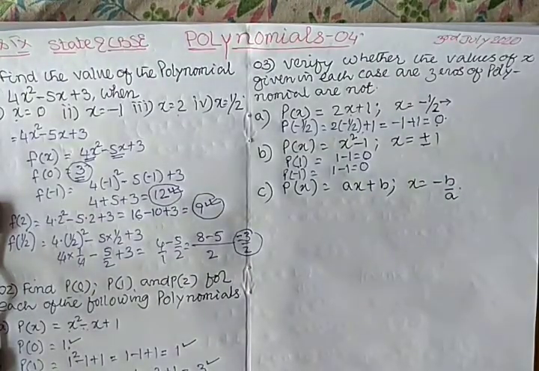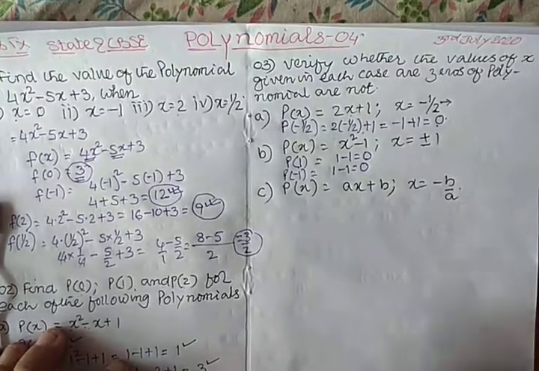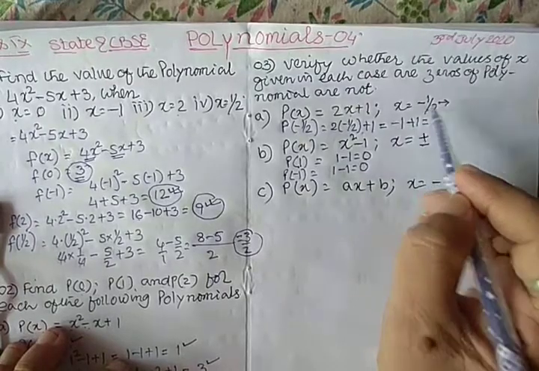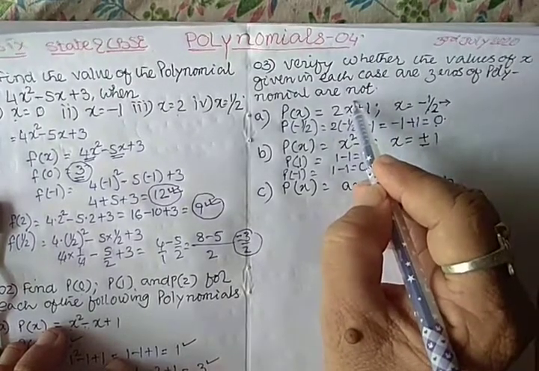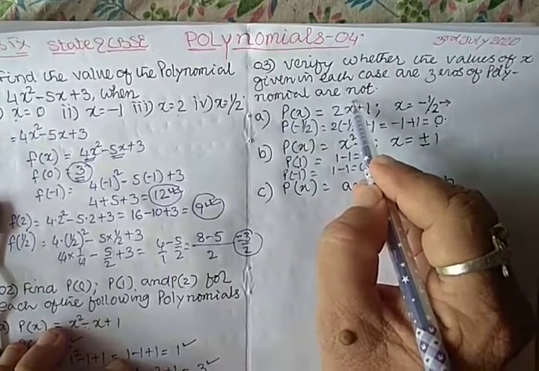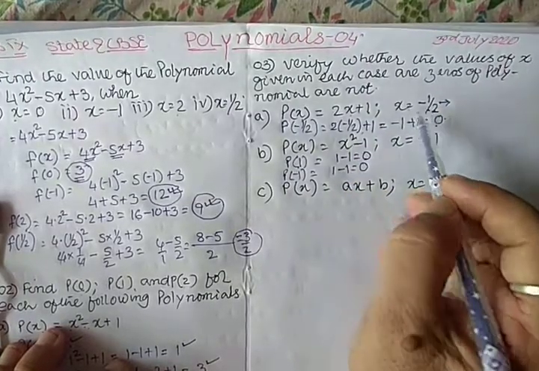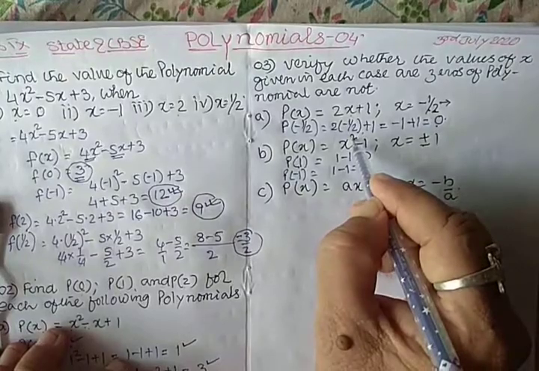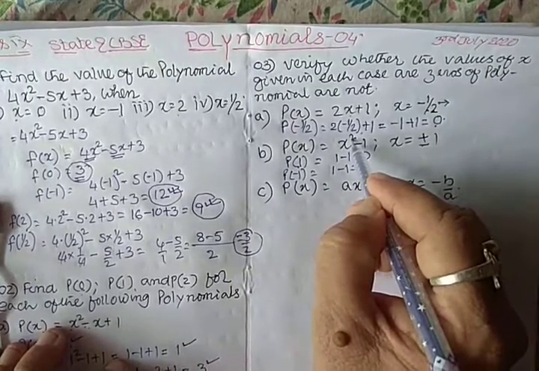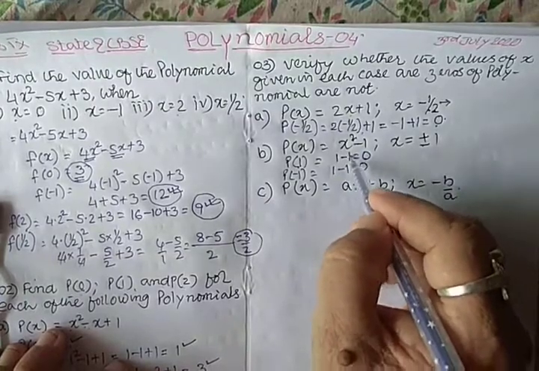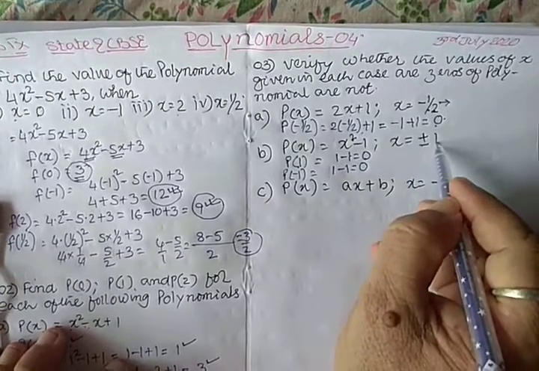See, when the degree is 1, you have only one root. Here the exponent is 1, you got only one root. Here your exponent is 2, degree is 2, you got two roots, plus or minus 1.